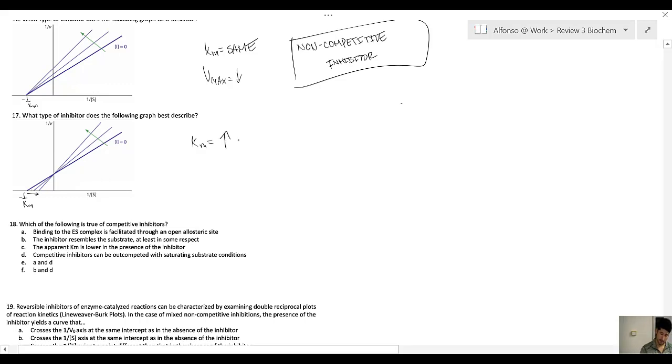So Km has increased. And look at the y-intercept, which is 1 over Vmax. Vmax has stayed the same. So what type of inhibitor is this? Perfect. Great job, as always. This is a competitive inhibitor.